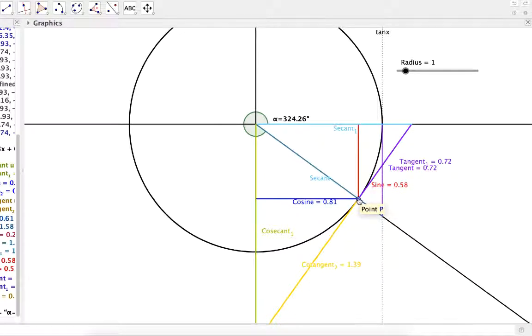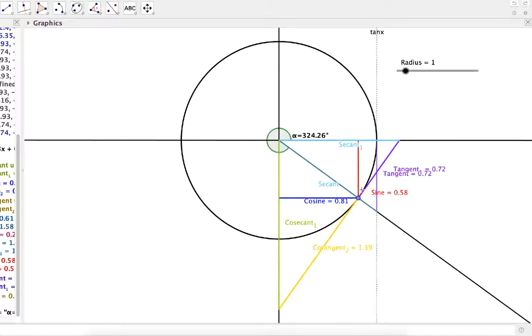And we're going to see that tangent is negative because there's a negative component to the direction of tangent, which would be our negative y component to our line that's tangent. And cotangent's also going to be negative because it has a negative component in its direction as well.